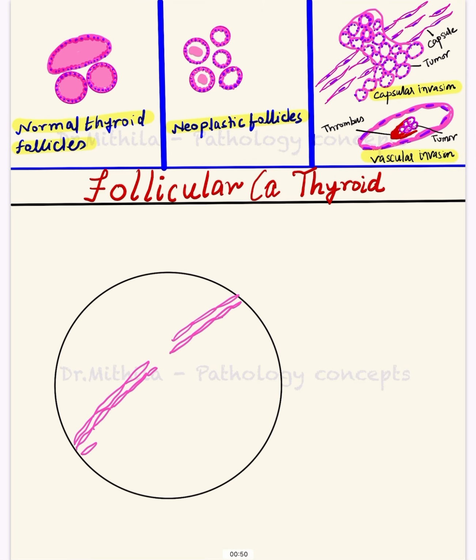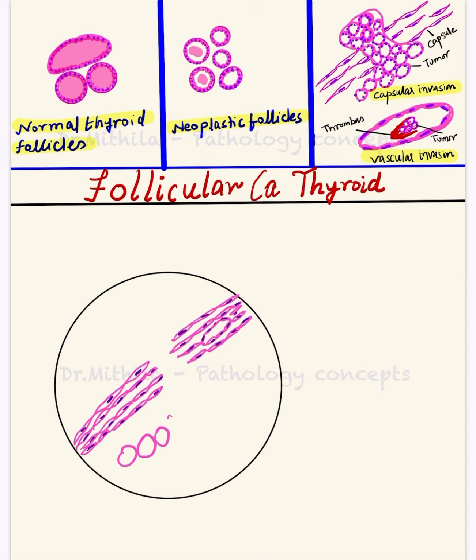If you don't show the capsular breach and vascular invasion, then the diagram will be that of follicular adenoma. So here I leave the space for the capsular breach. I have made this blood vessel to show the vascular invasion. This oval structure is a blood vessel. Now we make the nuclei in the blood vessel.